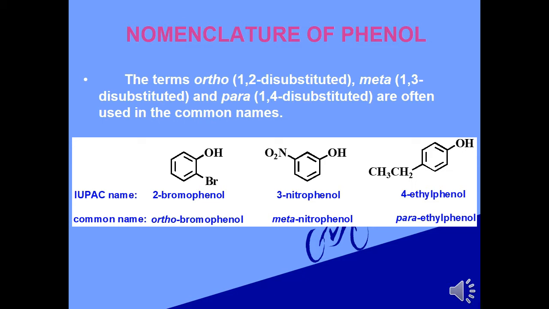IUPAC name, for example, is 2-bromophenol. Second is 3-nitrophenol. Third is 4-ethylphenol. Common name, first is ortho-bromophenol. Second is meta-nitrophenol. Third is para-ethylphenol. For the structure about aromatic alcohol.